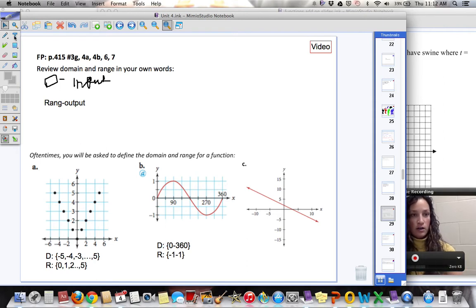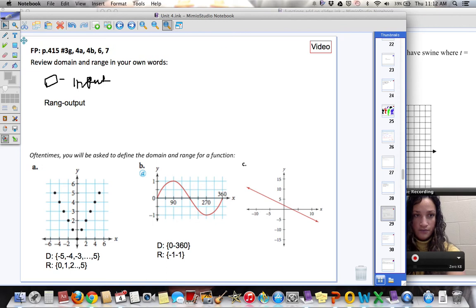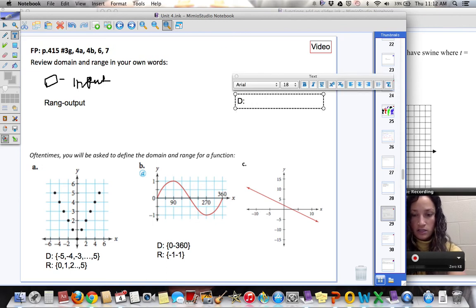The last one is going to go on forever because it has arrows, indicating it's going on forever. So if I keep going, I'm eventually going to reach -infinity in my x direction, all the way to infinity in both of those directions. So my domain for that last one, and I can't make the infinity symbol in the text box, so I'm just going to write -infinity all the way to infinity.